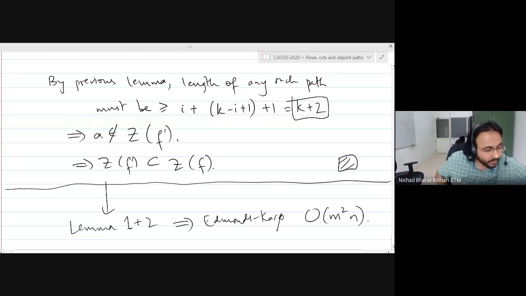Okay. So if there are no more questions related to Edmonds-Karp and the proof of these two lemmas, then we can move on to the next part of this module.